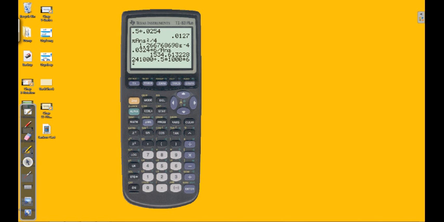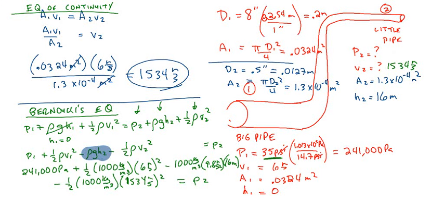And we'll glance back at the thing, make sure we're getting this right. Here's the 241,000 Pascal. There's the pressure that we put in first, plus 1/2 1,000 times 6 squared.